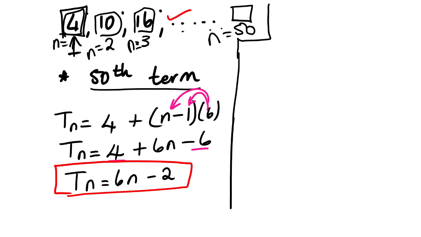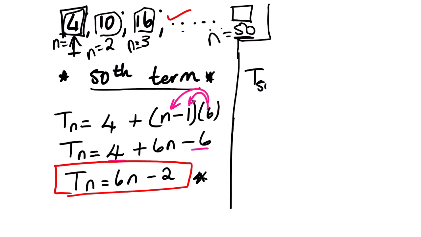So back to the question. The question said term number 50. So we needed this equation in order to determine term number 50. Where we see n, we substitute 50.